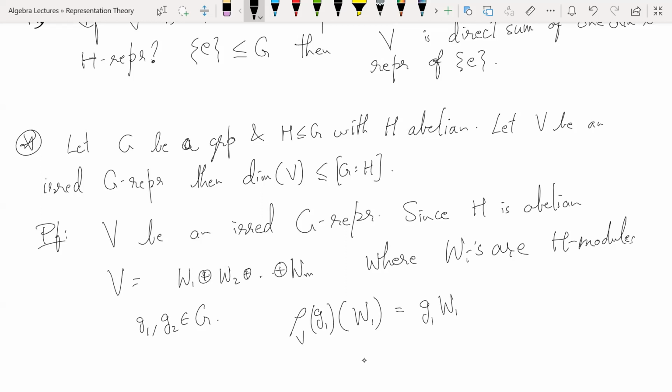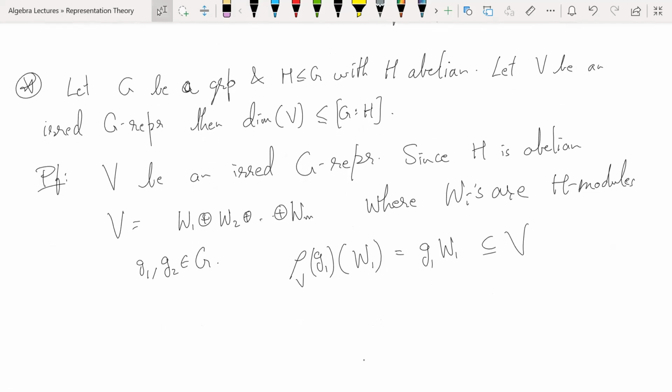It is a subspace of V. If G1 was in H, then we know that this is actually contained in W1, because the Wi's are H modules. Similarly, you have G2 W1, also contained in V. But they may not be the same in general, though sometimes they may be the same.